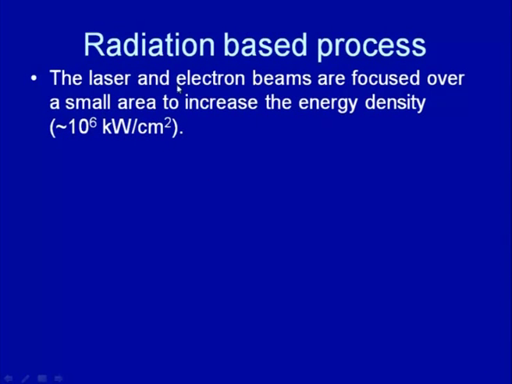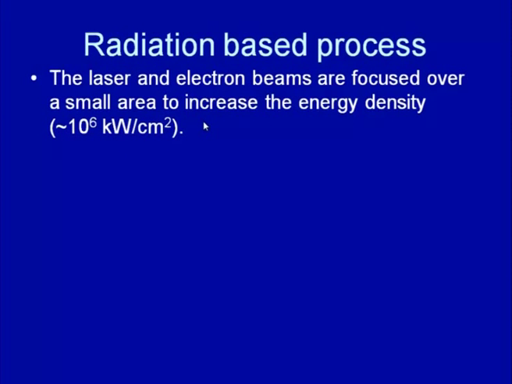Both these kinds of radiation can be focused over a very small area to deliver high energy density, so that a very small amount of heat can be used for melting the base material, and the weld joint can be made. So, the laser and electron beams can be focused over a small area so as to deliver high energy density. This energy density can be as high as 10 to the power 6 kilowatt per centimeter square or even higher.